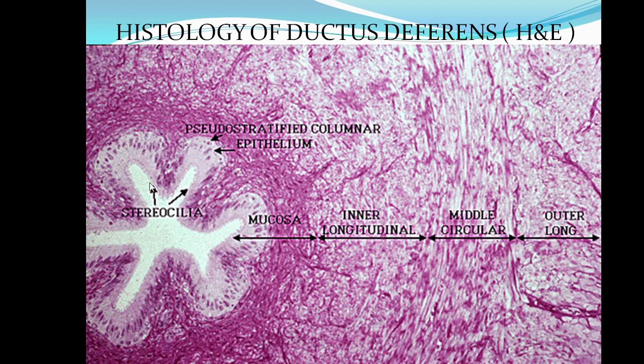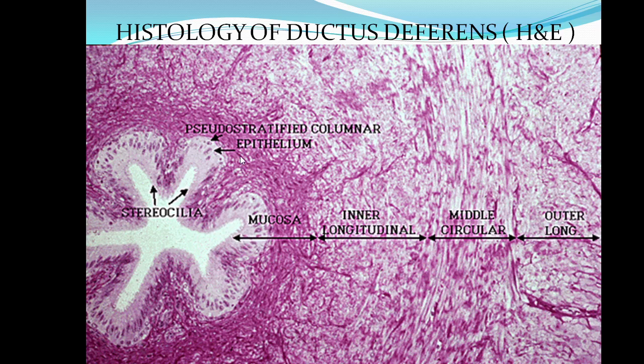Mucosa here you can see shows the longitudinal folds. This is lined by the pseudostratified ciliated columnar epithelium here, and this has got the stereocilia.